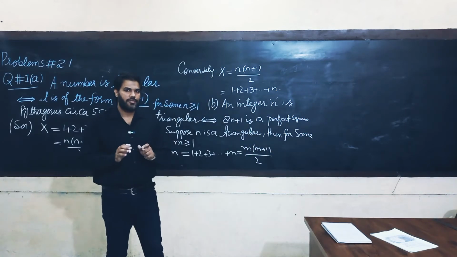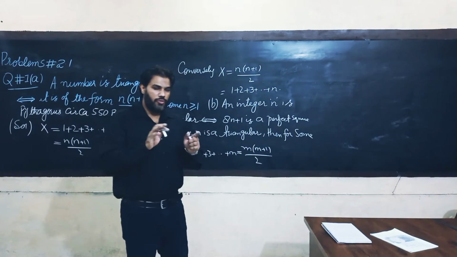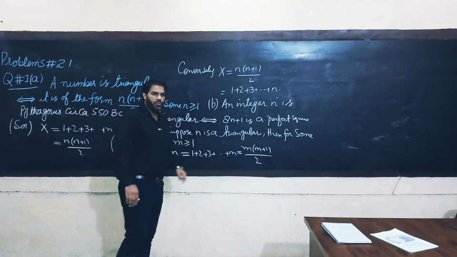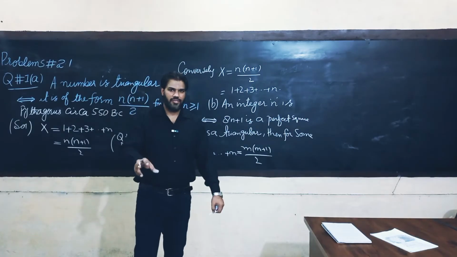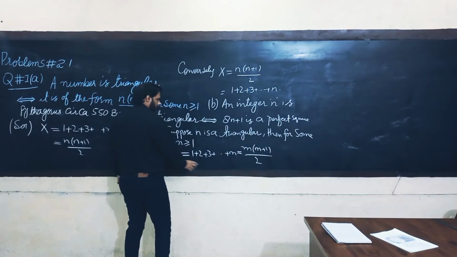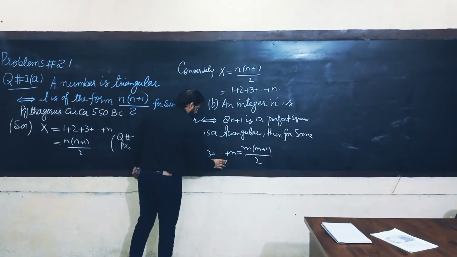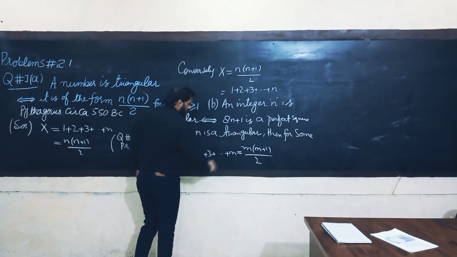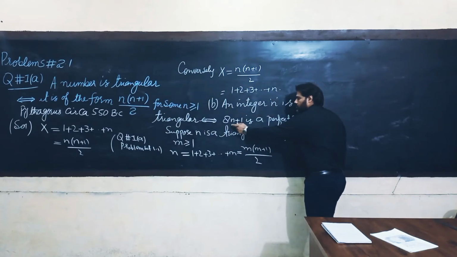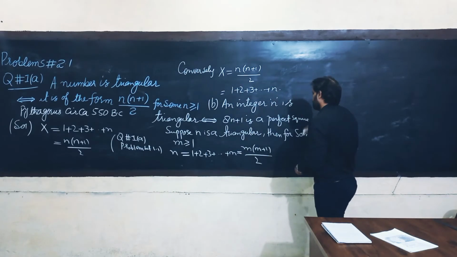We suppose n is a triangular number, and we will show that 8n plus 1 is a perfect square. If n is triangular, then there exists some integer m such that n can be written as the sum of the first m natural numbers. Now we solve 8n plus 1. We show that 8n plus 1 is a perfect square.